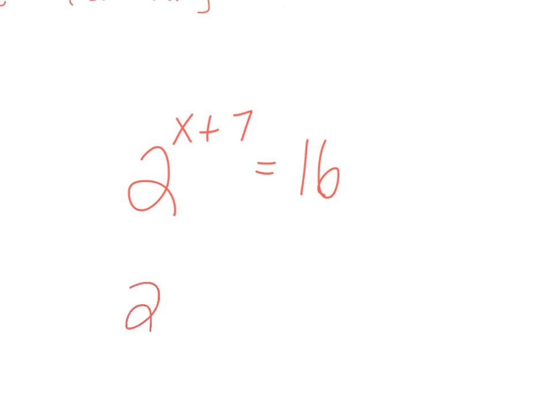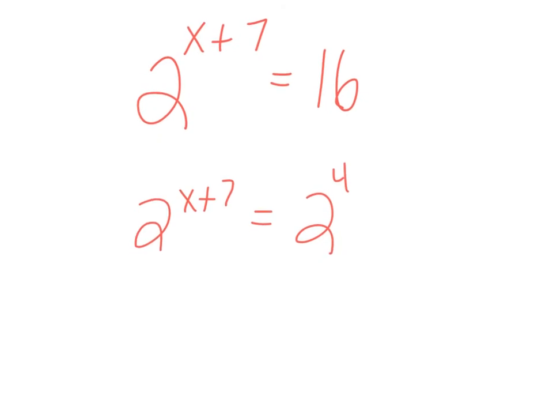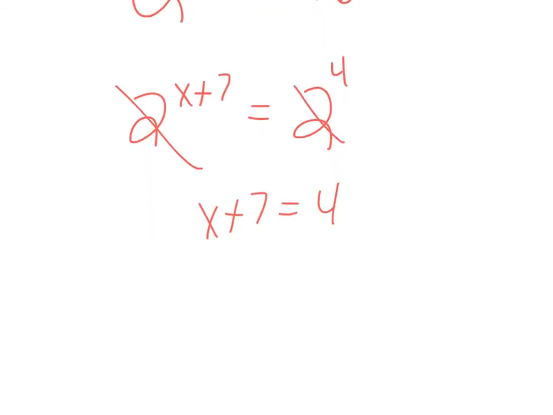Perfect. So I have 2 to the x plus 7 equals 2 to the what? 2 to the 4th, right? So my bases are the same. Now that the bases are the same, guys, what can I do? Cross it out. So x plus 7 equals 4. What do I do? Subtract 7. x equals -3.